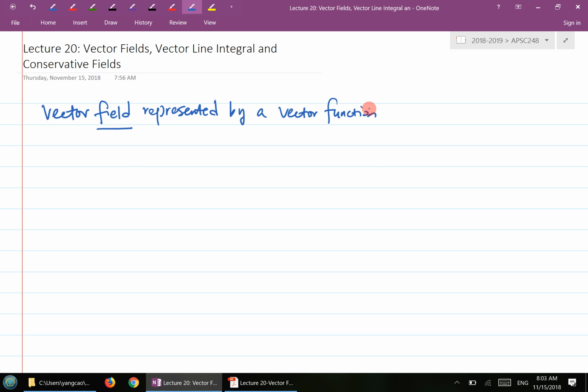So what do we mean by a vector function? We have seen many vector functions before. In 2D, you may have a vector function like this. Very typical. There are two components for this vector.